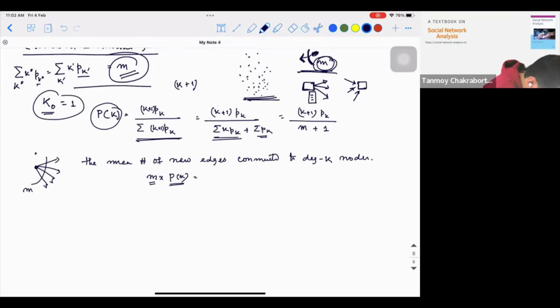So this would be k plus 1. I'm replacing pk by this. This would be (k+1)pk by (m+1) times m.